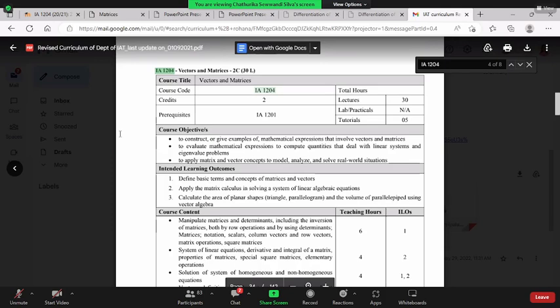During this semester, you will be having another maths course, introduction to calculus. Last year I did that course, but from this year onwards I'm not conducting it because I had to do introduction to programming from this semester onwards, since the lecturer who did the programming is no longer with the department.